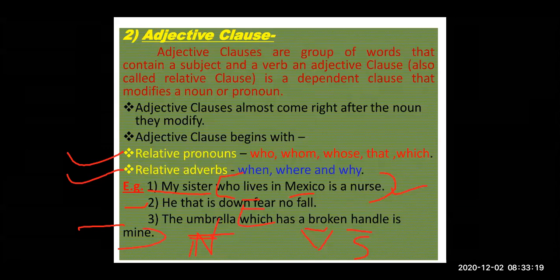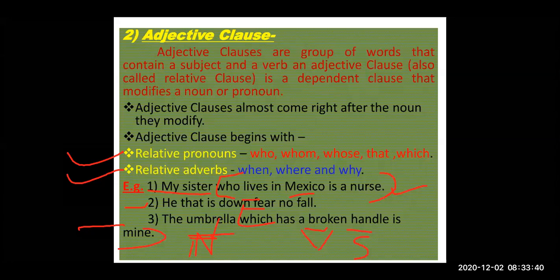So these are the examples of adjective clause. Again, see that adjective clauses are groups of words that contain a subject and a verb, and adjective clauses are also known as relative clauses. It is a dependent clause that modifies a noun or pronoun.